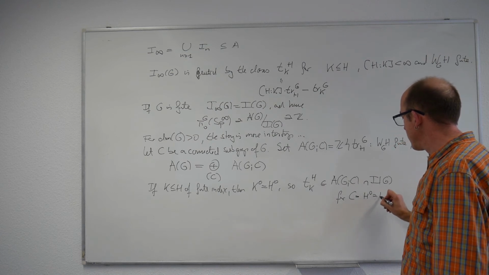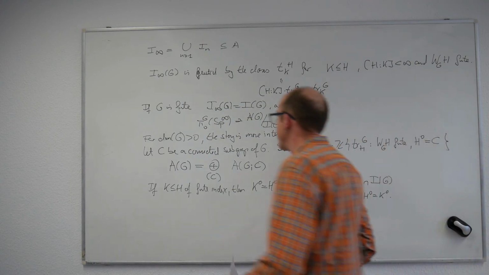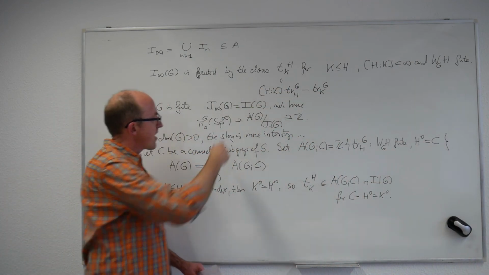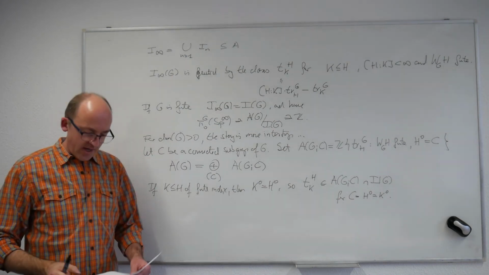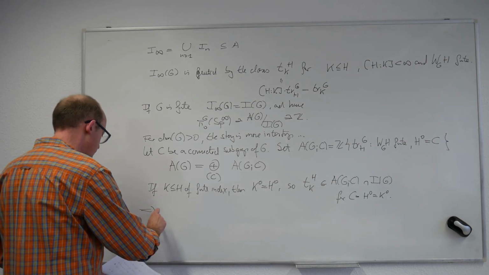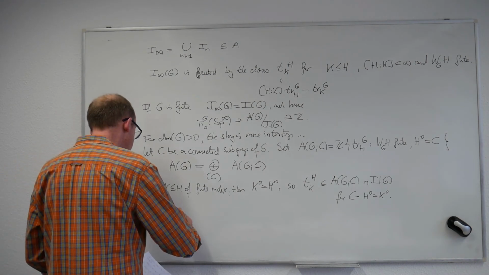C is H0. So all these relations are homogeneous with respect to this direct sum decomposition by conjugacy classes of connected subgroups, and we get out that also in the limit we get a direct sum decomposition.